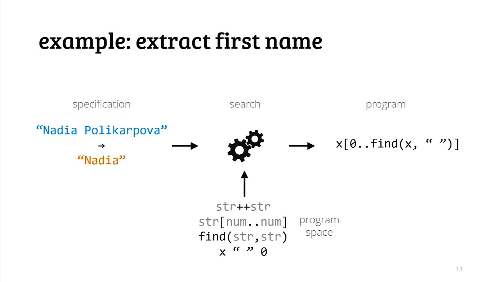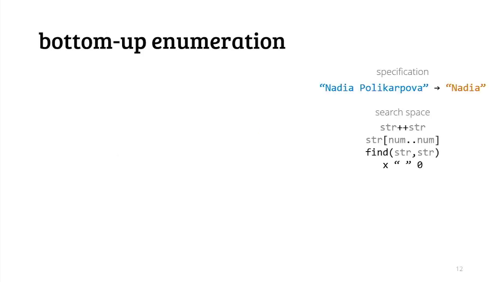Okay, so how do we find this program? One very popular strategy, even though it seems very simple and kind of brute forcing, for doing this is called bottom-up enumeration. Let me tell you a little bit about how this works. Just as a reminder, our specification and our search space are listed there on the right.